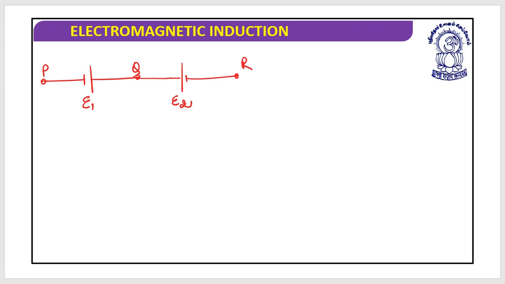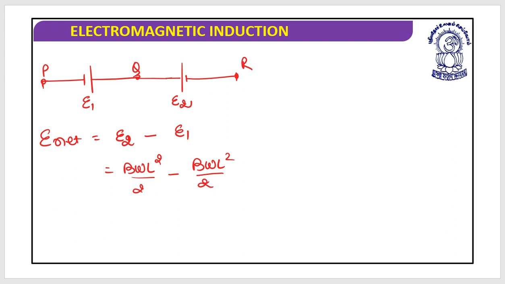Do you remember the combination of cells? I can write E net equals E2 minus E1. This E2 is B omega L square by 2, and this E1 is B omega L square by 2, and thus E net would be equal to 0. That's it.